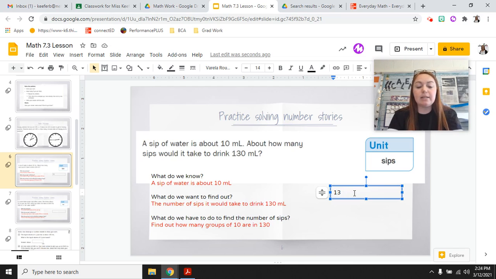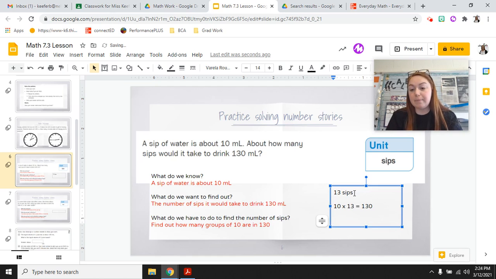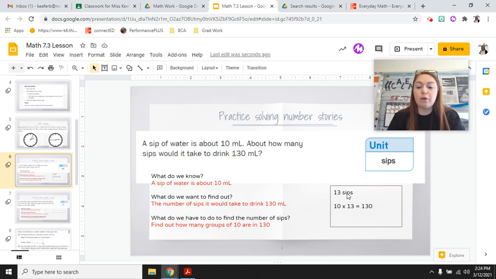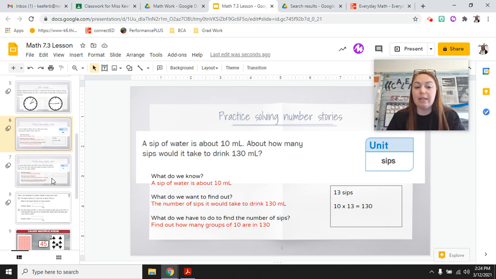If that's the case, then it would be 13 sips it would take to drink 130 milliliters. So I did 10 times 13, which equals 130. Think of it like 10 times 3 is 30. Well, 10 times 13 would be 130. So for this one, our answer would be 13 sips because I included that unit.